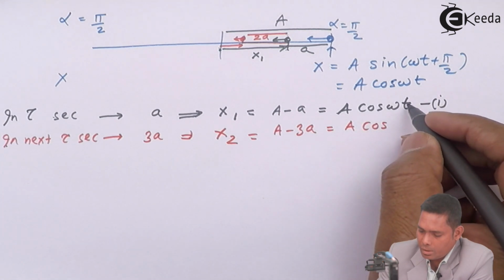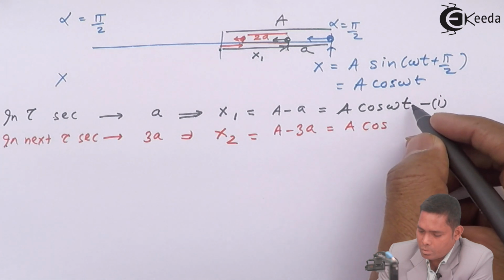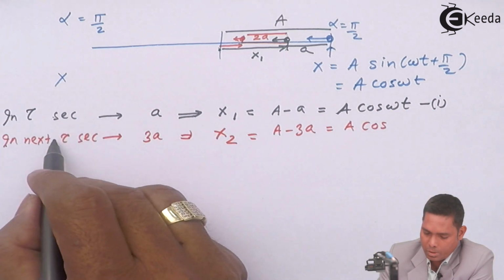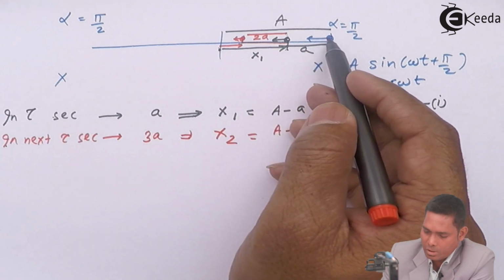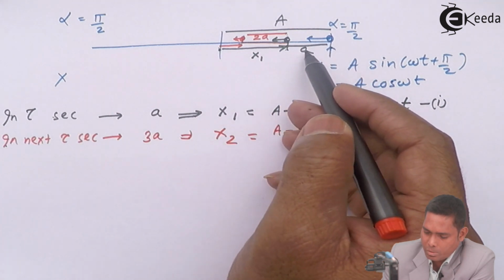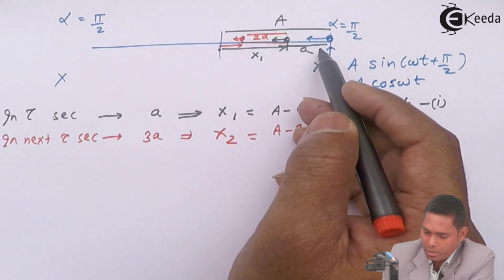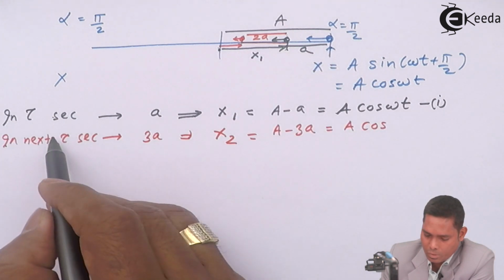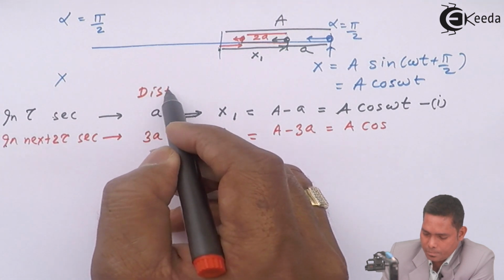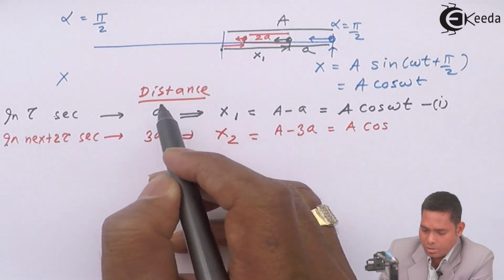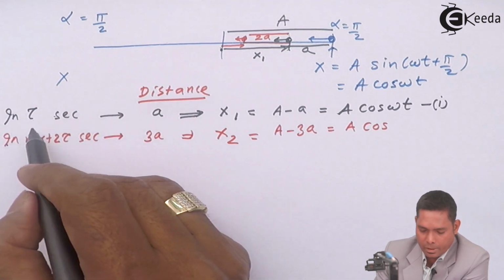Here the t is tau, I should put tau, and now here it is 2 tau, because after 2 tau, starting from if I count this distance, then I have to consider this time also, tau, 2 tau. After 2 tau it has covered a distance 3a, so I will put 2 tau here. This is the distance it covers in the corresponding time.